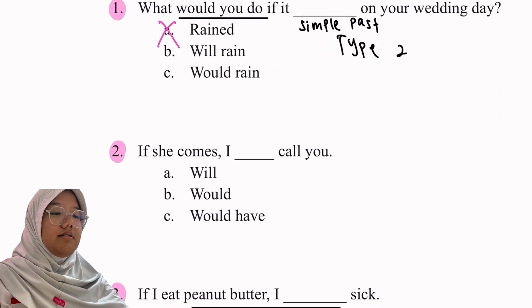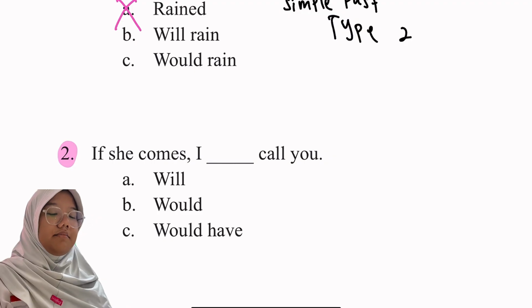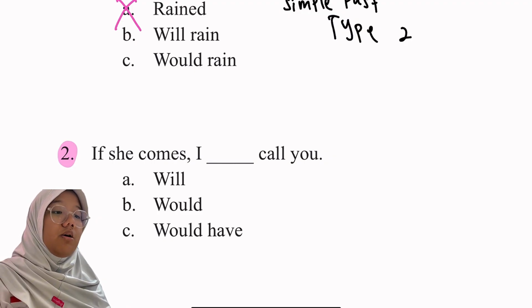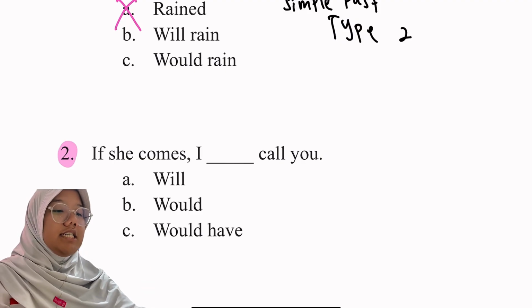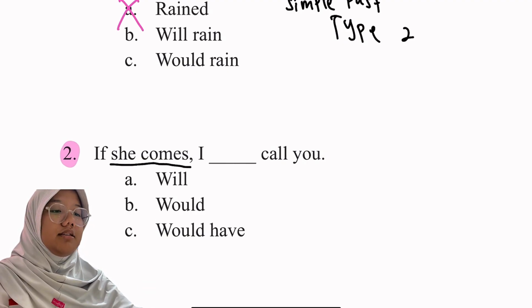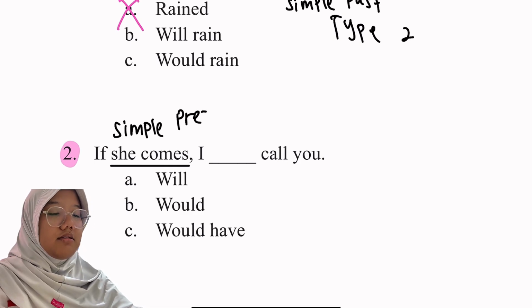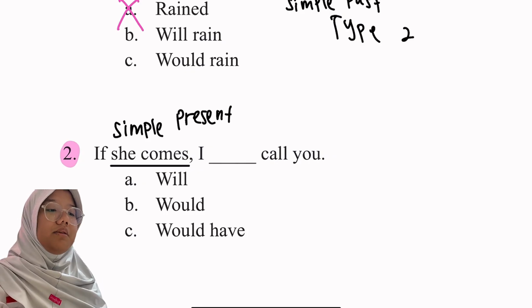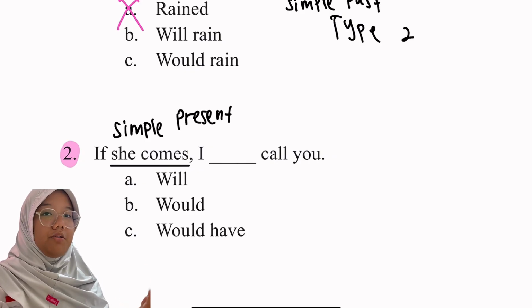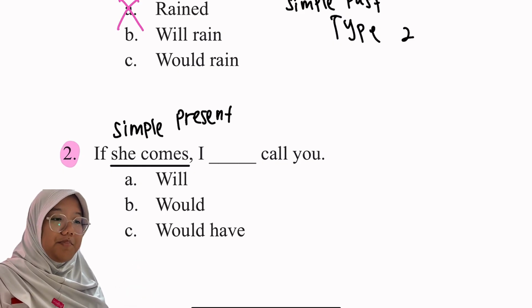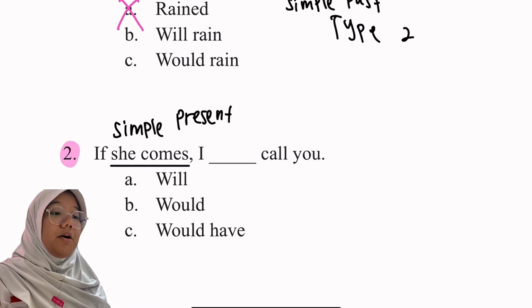Okay, the second, if she comes, I blah blah blah call you. She comes is simple present. So it must be type 0 or type 1. But the sentence means a possible situation in the future.